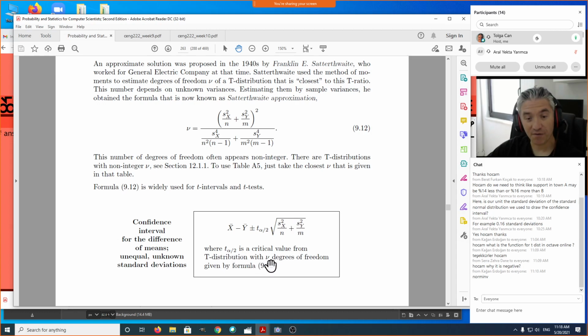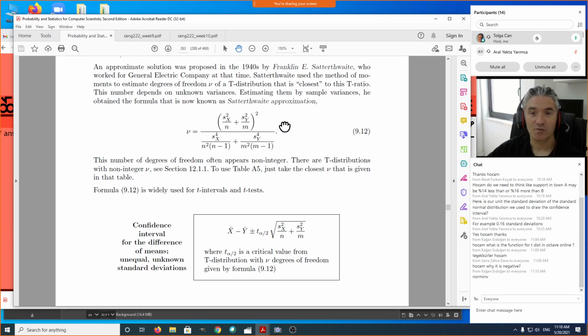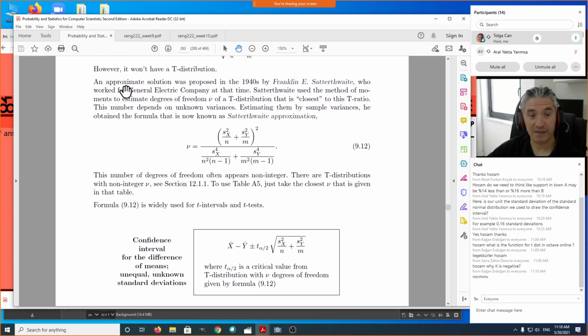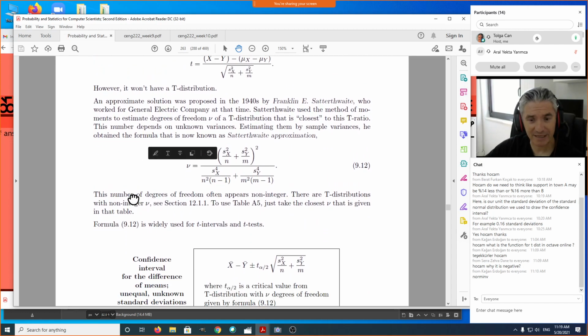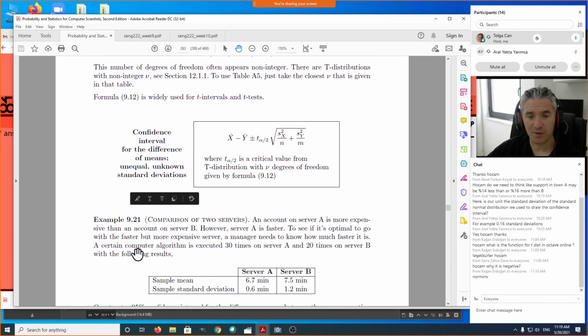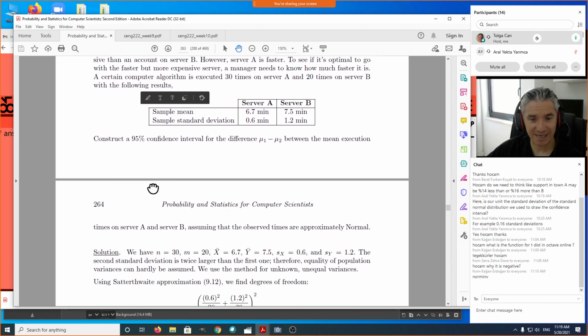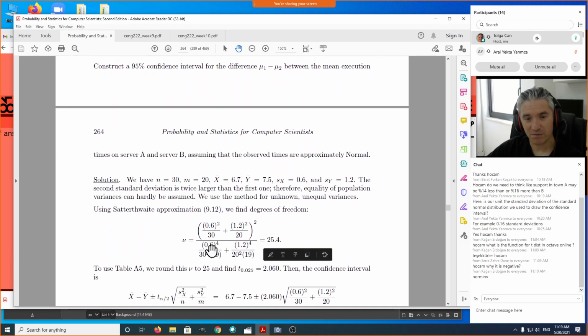And the degrees of freedom that you're going to find, this V, is given by this complicated formula, which is an approximate solution proposed in the 1940s by Franklin Satterthwaite, who worked for the General Electric company at that time. As I said, this is a complicated case, which we are not going to go into too much detail.